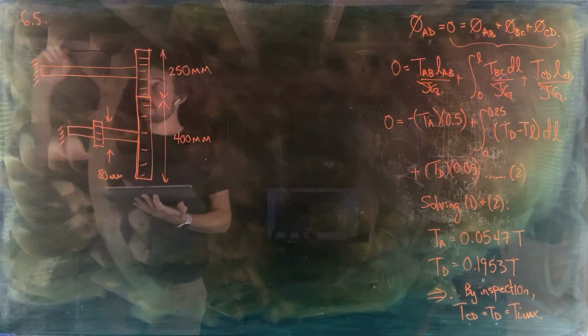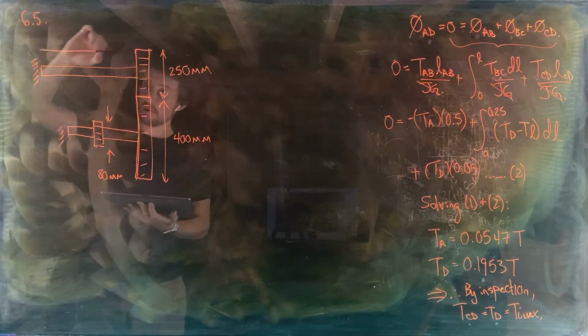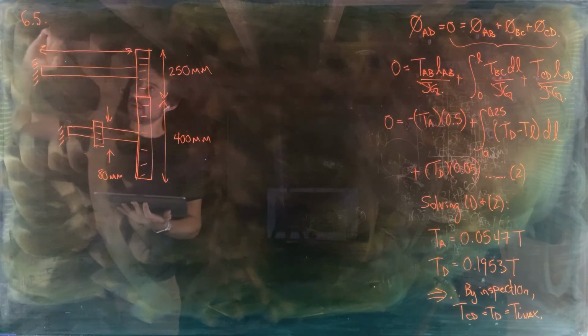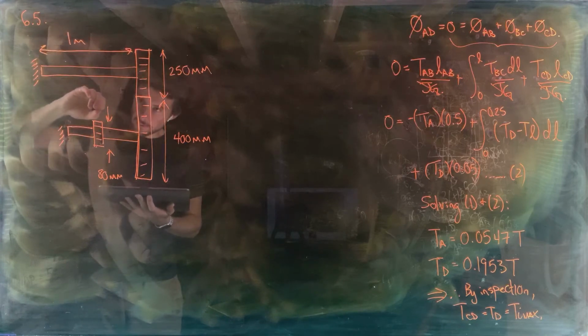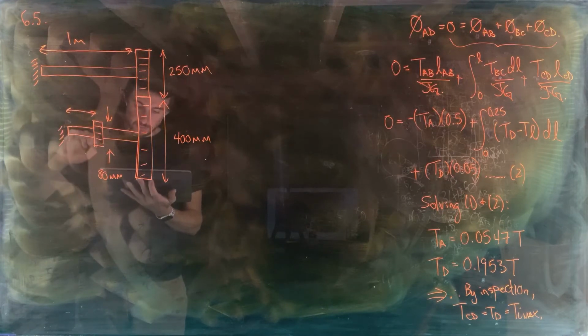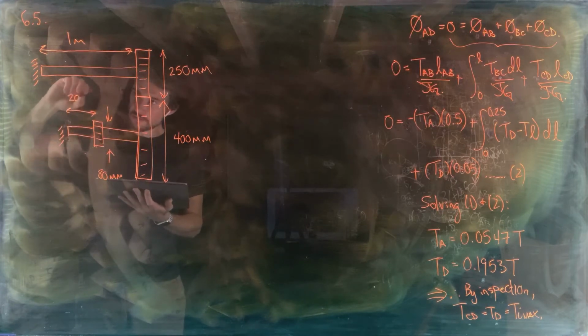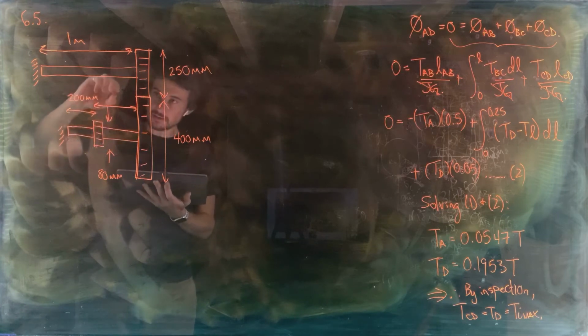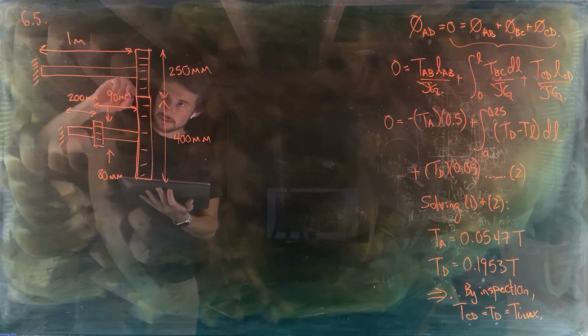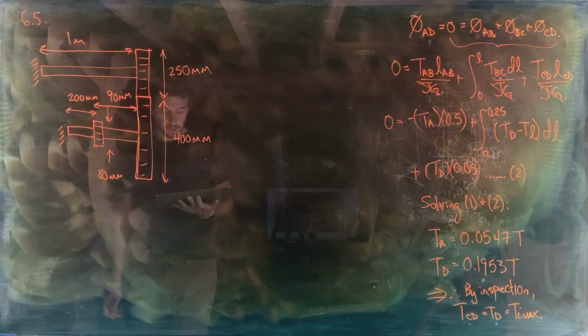And the length of this shaft here is 1 meter. The length of that portion of that shaft is 200 millimeters. And then from there to the other gear is 90 millimeters. Okay.